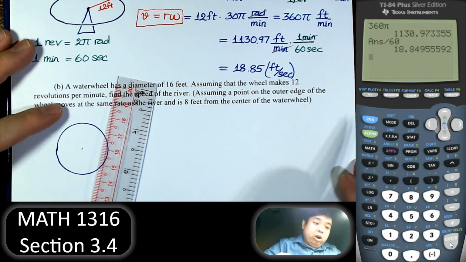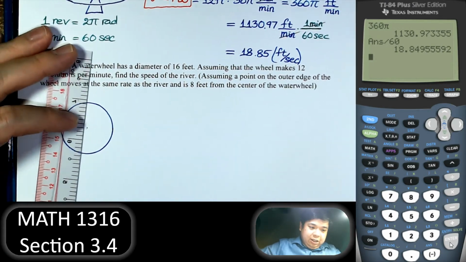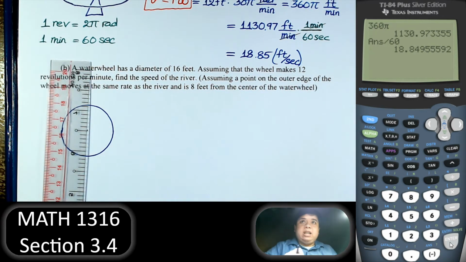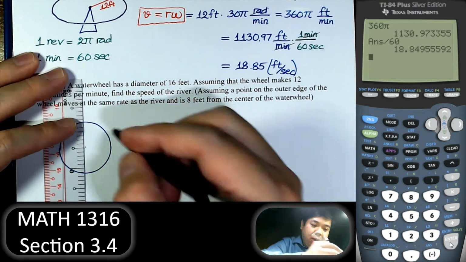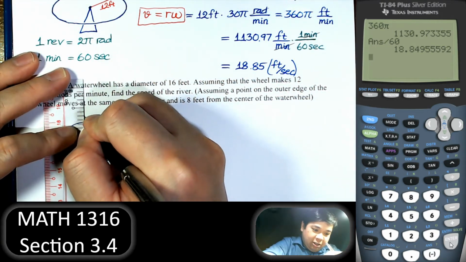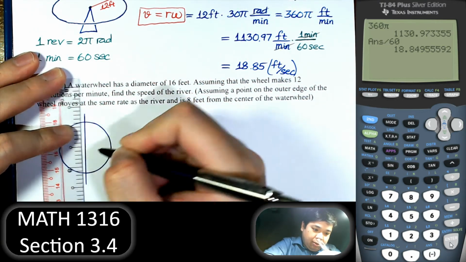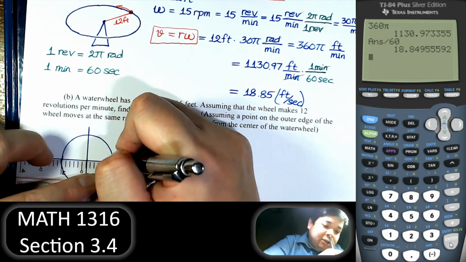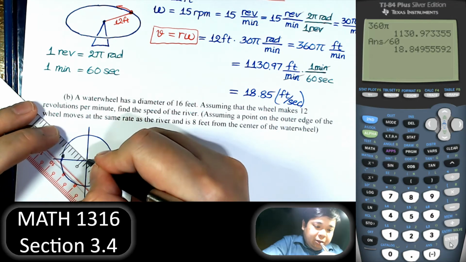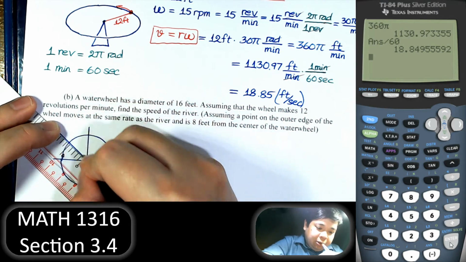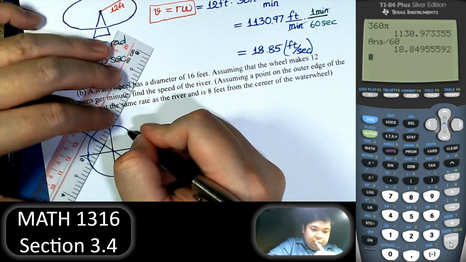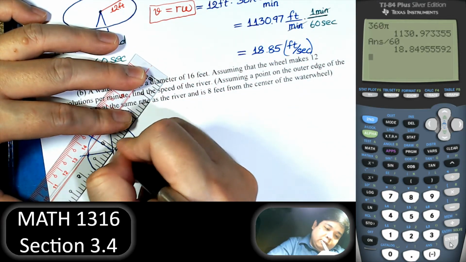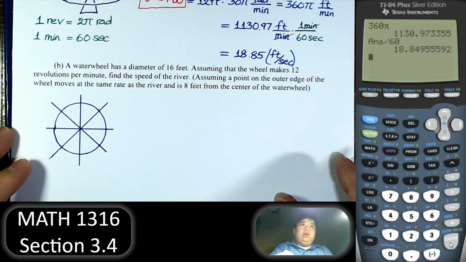Anyway, so we have the water wheel. Of course, in order to make it rotate, it has to have some kind of paddle. So let's draw some paddles. Right, so we have that.